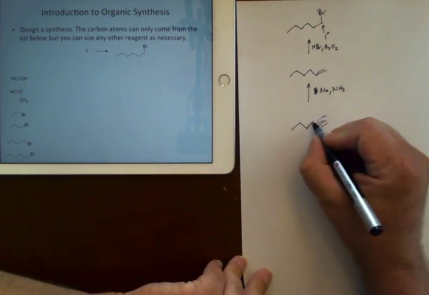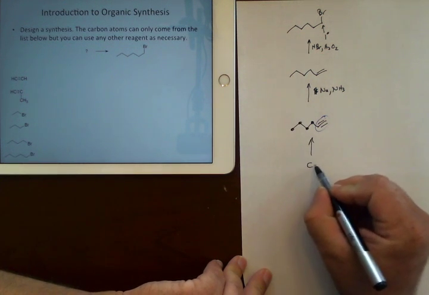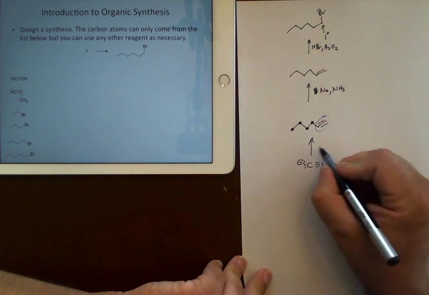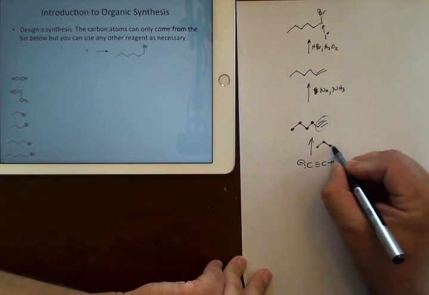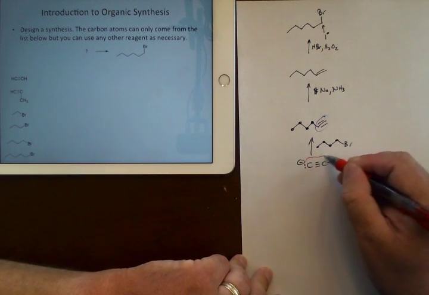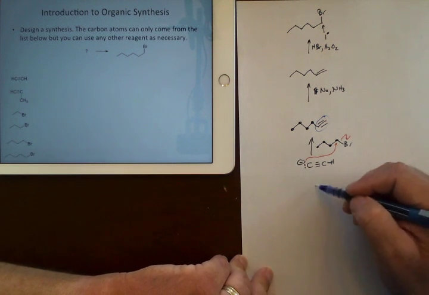Then all we need to do is get this 4-carbon piece here, and so we have to go through this. We need that acetylene anion here, and this 4-carbon bromide. So how do we make this?